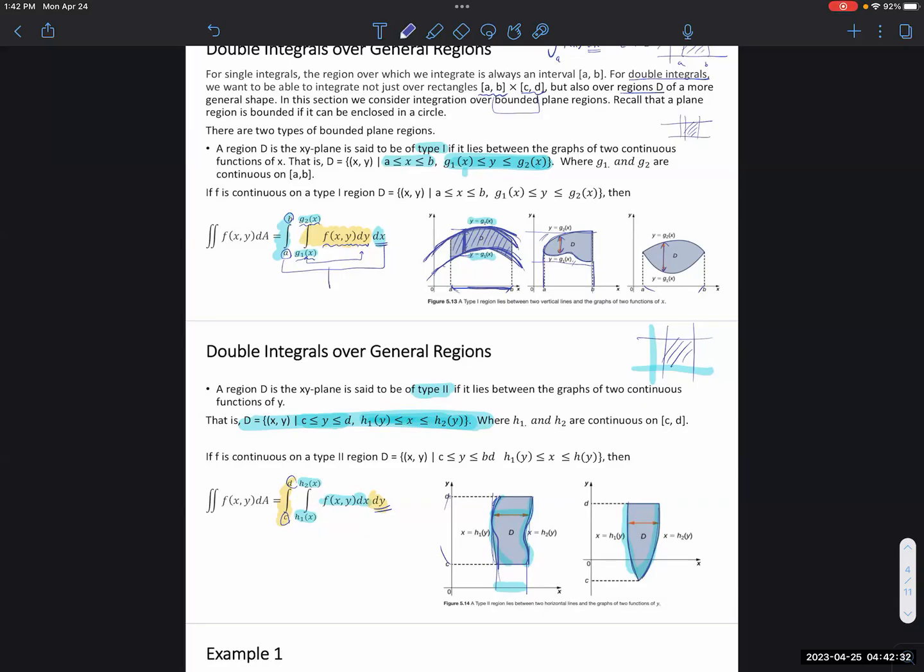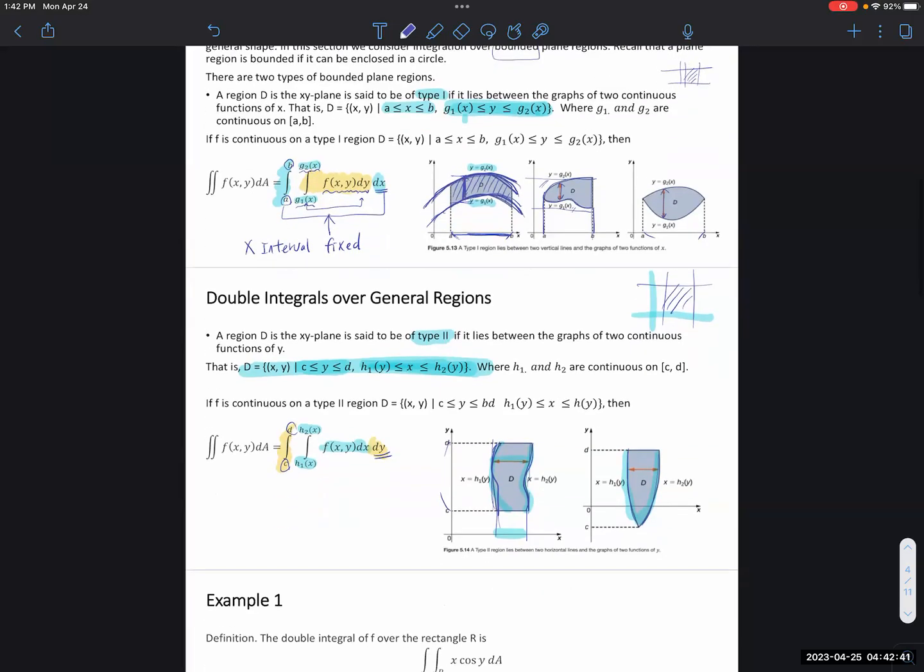For type 1, the x interval is fixed, and of course y is going to be changing. For type 2, the y interval is fixed, so that means the x interval is changing. So for type 2, x is inside. Whatever the changing interval is, it is going to be inside.